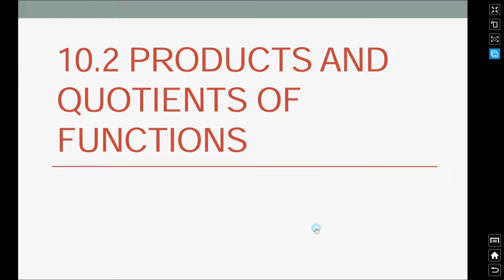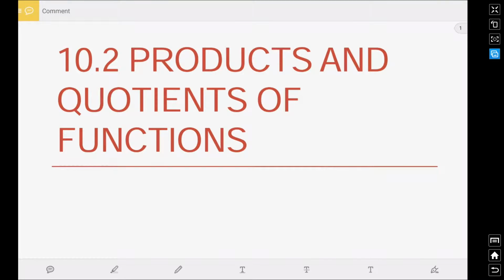This is Mr. Arosena, and today we're going to continue our study of functional operations by studying how to take the product and quotient of functions. As a quick reminder, last time we talked about addition of functions: take f of x and add it to g of x.